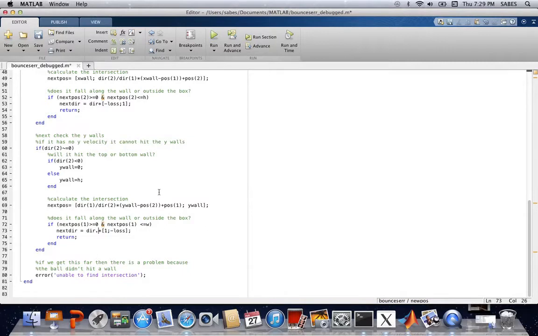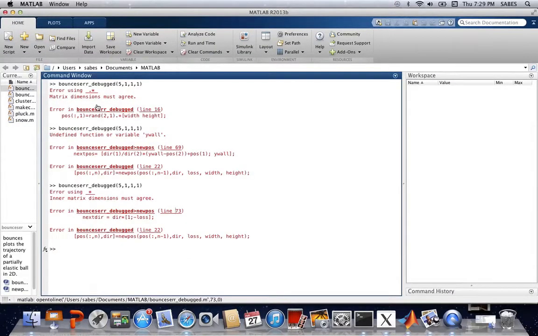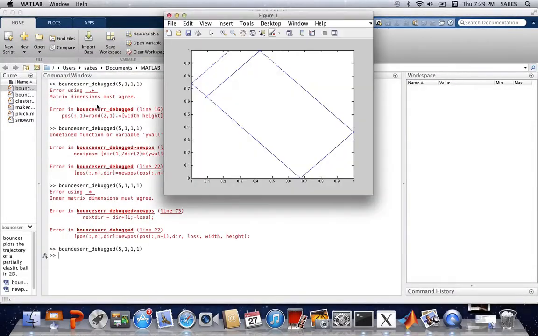So let's see, we see that there is another instance of that here, so we fix that too. So let's try to go back and see what happens. Oh, it printed something.